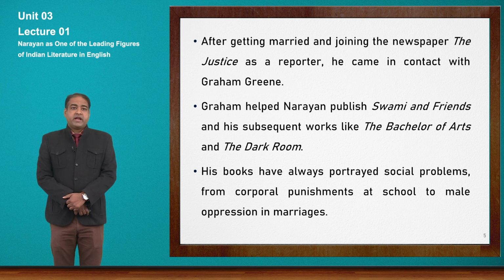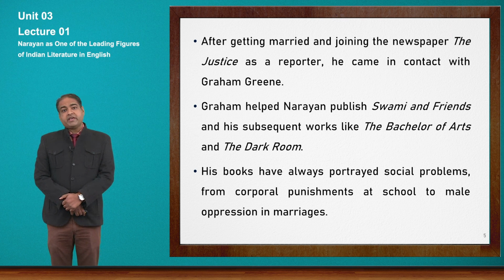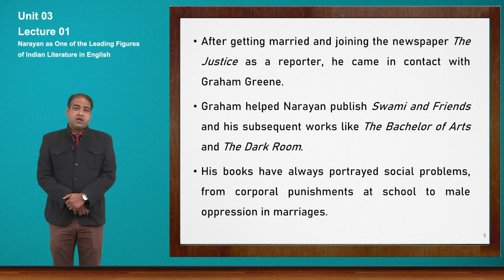After getting married and joining the newspaper, The Justice, as a reporter, he came in contact with Graham Greene. Well, friends, you know that Graham Greene was one of the leading figures in the literature of the 20th century. And R.K. Narayan fortunately came into contact with this writer when he was working as a reporter in a newspaper, The Justice.